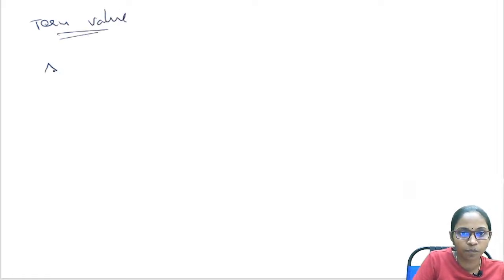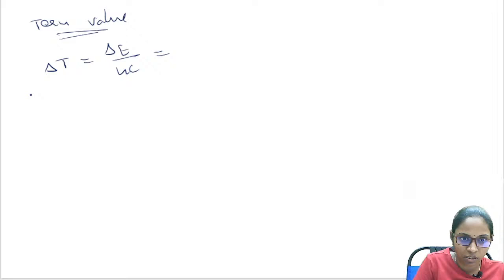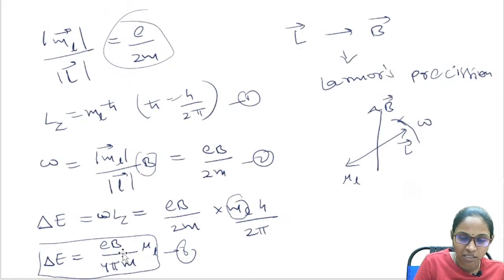Coming to our next equation, that is the term value. Term value is nothing but delta T equal to delta E by hc. We had already found these equations in our last class.